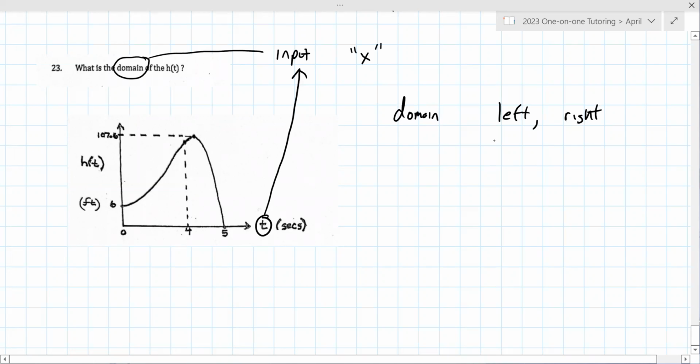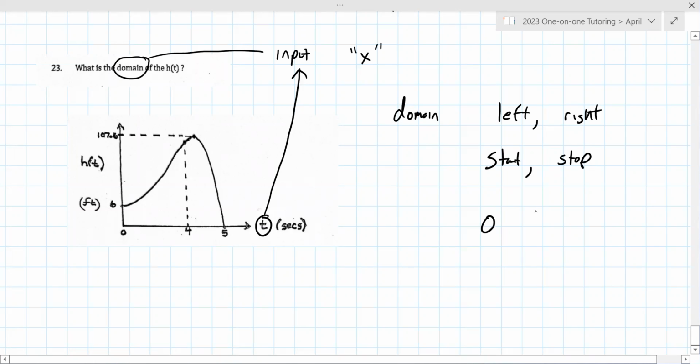Okay, and that's probably the best one. So what is the leftmost T value? Where does T start? You can think of it also as start to maybe stop. What's the leftmost T value that you see here? 0. What is the rightmost T value?